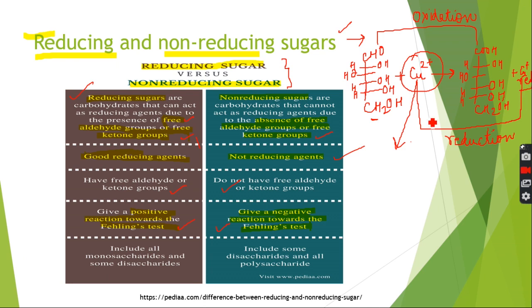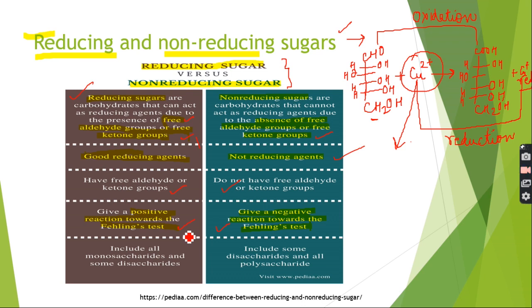Okay, there is formation of a red color, and this red color indicates a red precipitate, brick red color, and this red color indicates a positive test or a positive result towards Fehling's test.